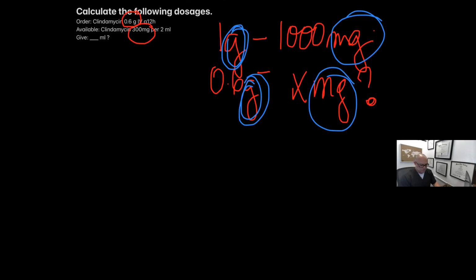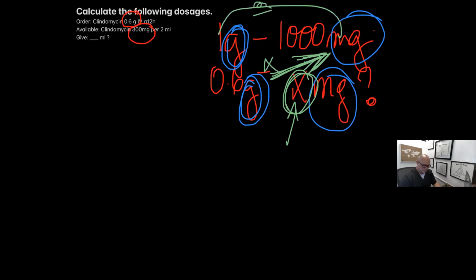Well, we solve this problem always by multiplying over the empty leg. In other words, diagonally over the empty leg. This is your empty leg because you don't have a value. You got an X, meaning I don't know what it is. That's what I'm looking for. So you multiply over that empty corner of the equation, and then you divide.